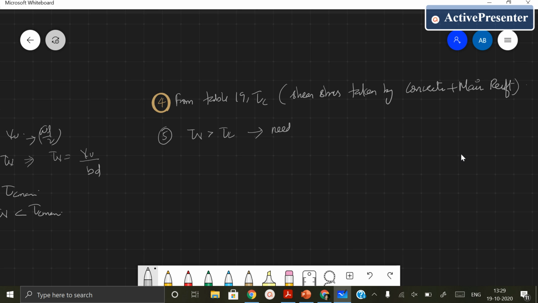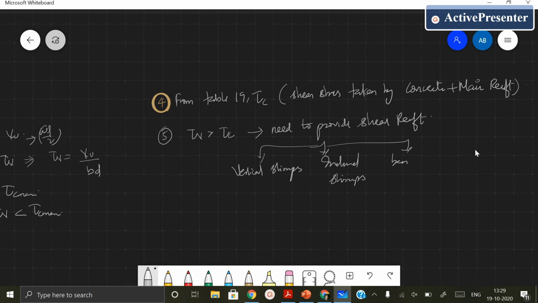we need to provide shear reinforcement. Now the shear reinforcement you can provide in any of the forms, that is either vertical stirrups or inclined stirrups or bent-up bars with vertical or inclined stirrups.